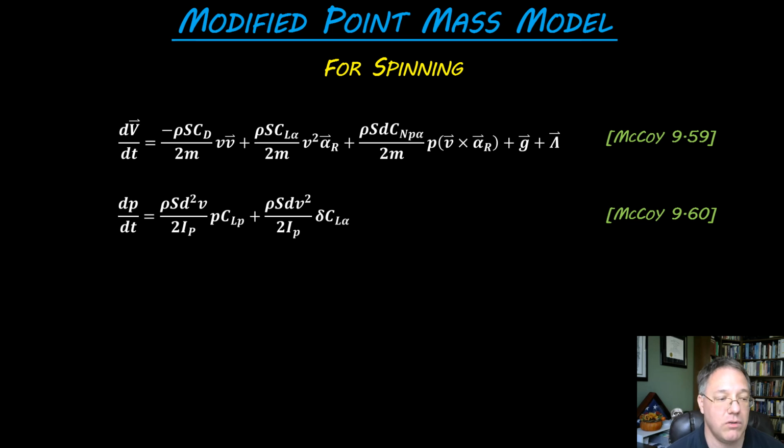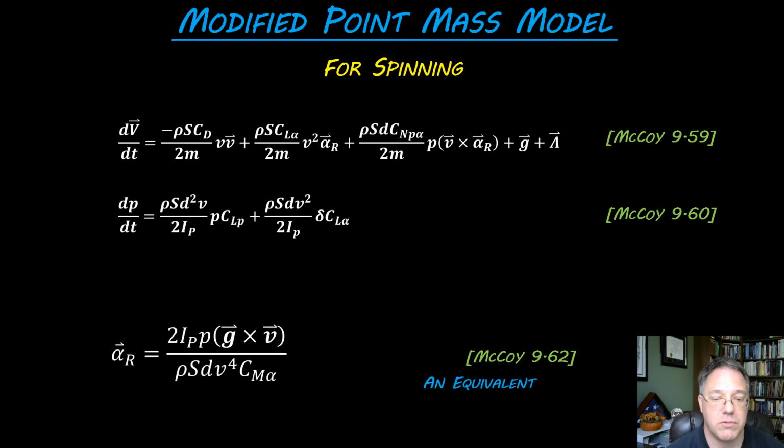For our rotations here, dp dt, we have lift related terms that are going to adjust how much our spin is, for our damping on that. Now, we gave some equations for our yaw of repose, but I just want to share with you that McCoy has another version of it, which is based on the gravity vector and the velocity vector and our spin rates and our inertia.